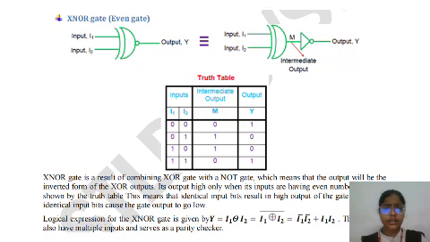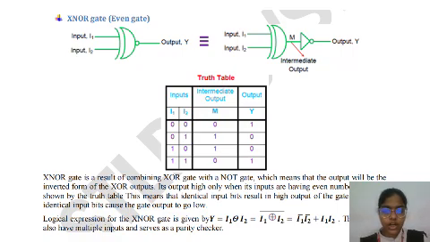And the next is the XNOR gate. It is an even gate. The inputs are I1 and I2 and the output is Y. This can have an intermediate output. In the truth table, the inputs are I1 and I2, the intermediate output is M, and the output is Y. The XNOR gate is the result of combining an XOR gate with a NOT gate, which means the output will be the inverted form of the XOR output.